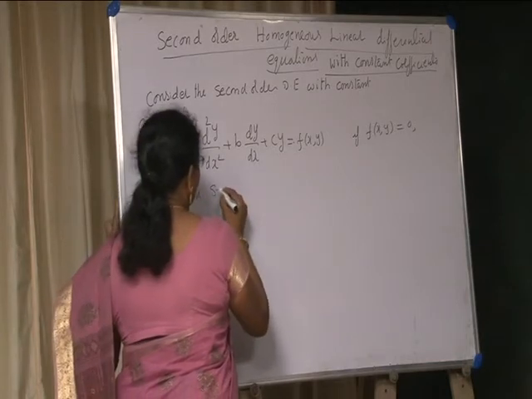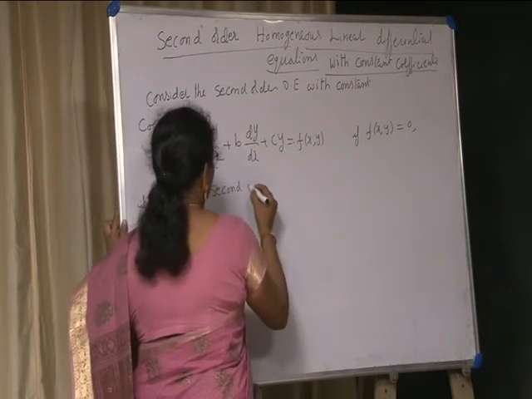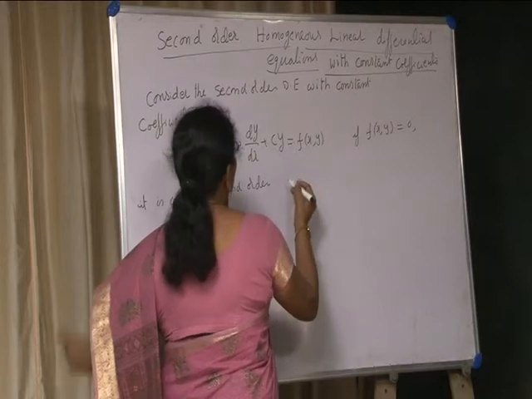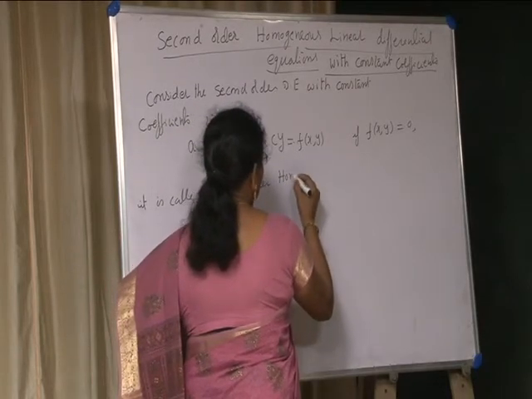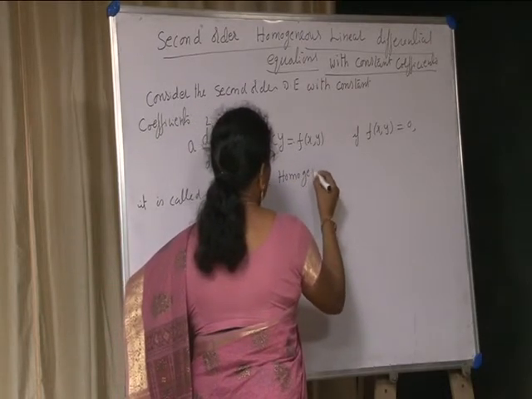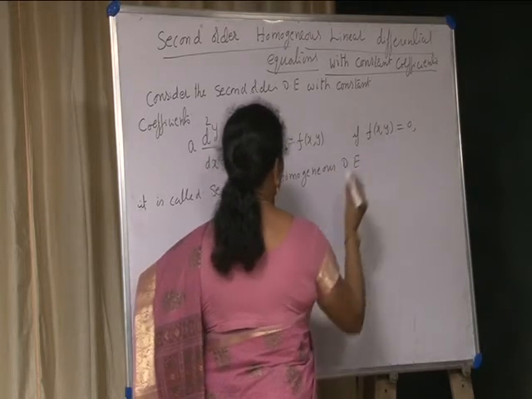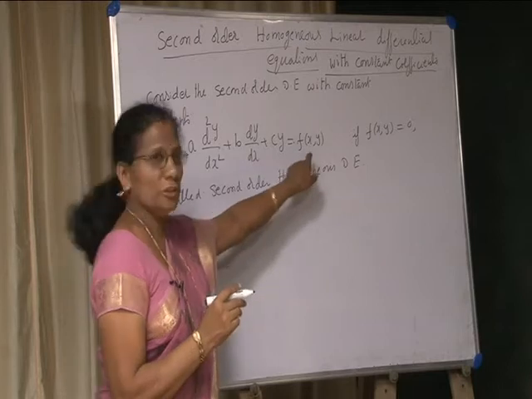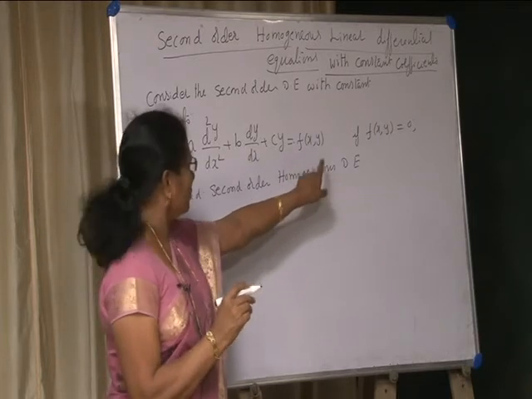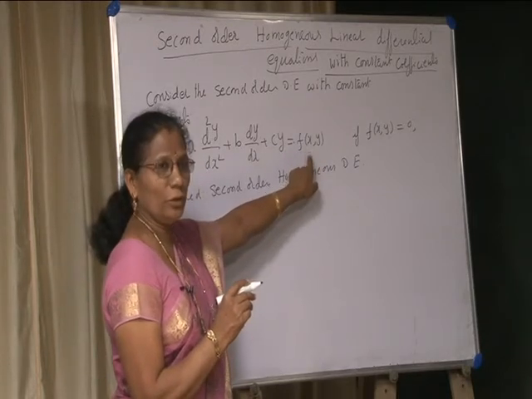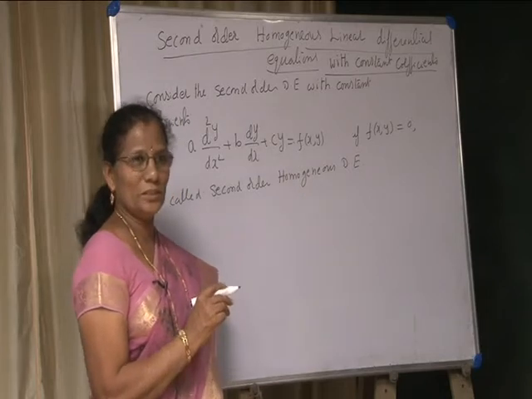a second order homogeneous differential equation. So when this is equal to 0, then only we are going to call it a homogeneous equation.